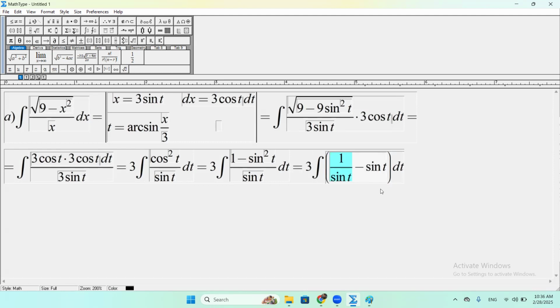To be honest, I don't remember the formula, so let me look into the table, because it's not such an often case. So let's see. So the integral of 1 over sine of t equals, okay, let me write it down.